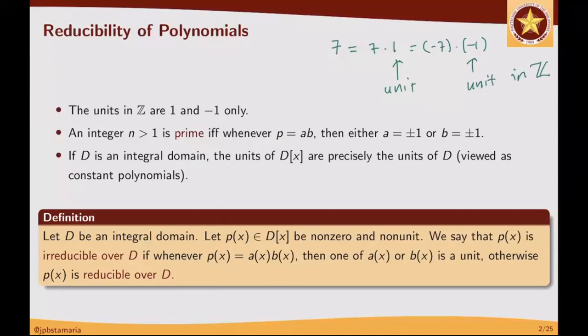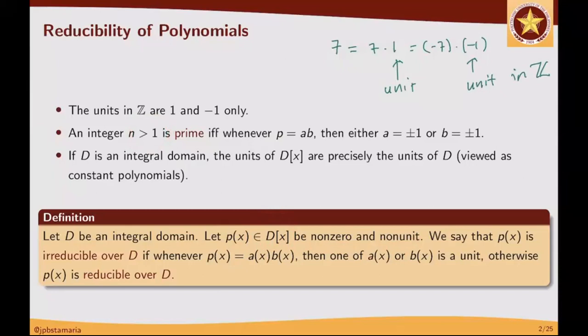Okay? So here, D represents an integral domain. So you get a polynomial in the integral domain D[x]. So automatic, hindi na natin kino-consider yung 0. Ayaw din natin na unit siya. So dito diba gusto natin hindi siya unit. So parang ganun din. So P of x is non-zero and non-unit.